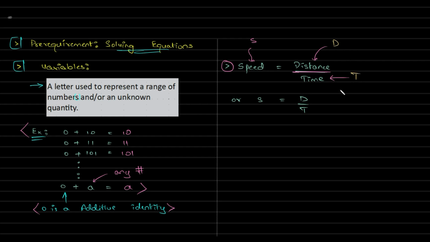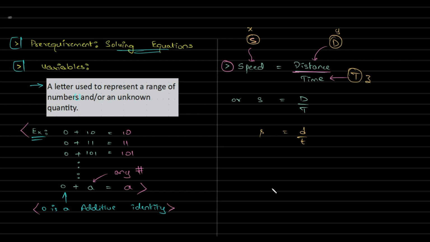And time, I'm going to write t. Of course, I need not fix it to be so. I can easily replace this with x, y, and z. It's my wish and will, but yes, the general convention is that you use s, d, and t. It can be small letter or big letter, depends on the person, situation, and so on and so forth.